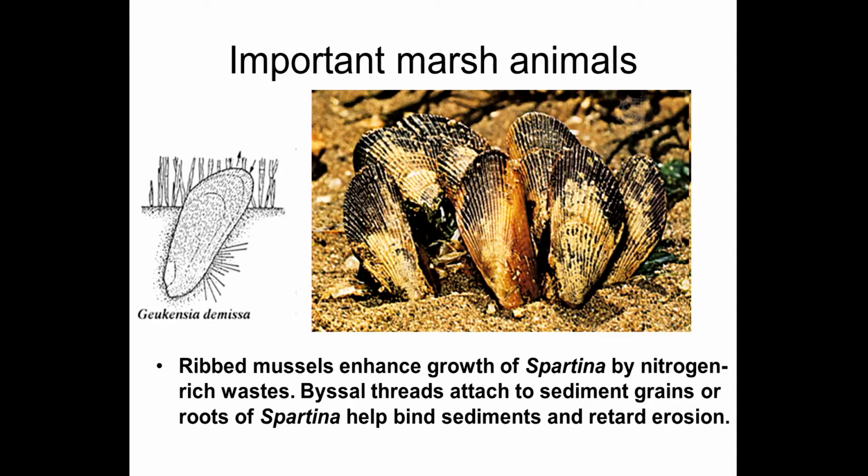So the nitrogenous wastes from the mussels are then incorporated into the plants. So we have a beneficial relationship here between the mussels and the marsh grasses.